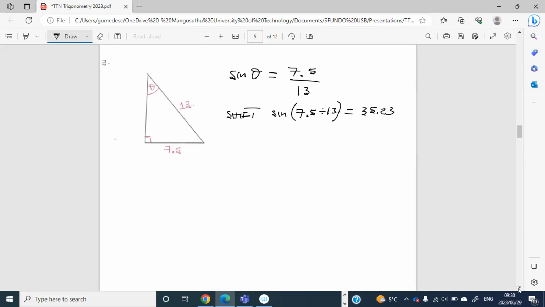So it means our theta is 35,23 degrees. So it's just a matter of saying which sides are known, and it's opposite and hypotenuse, you know it's sine, and so on. So this should be very straightforward. So it's just a matter of using your calculator here in our right-angled triangle. Right. I think this is straightforward.